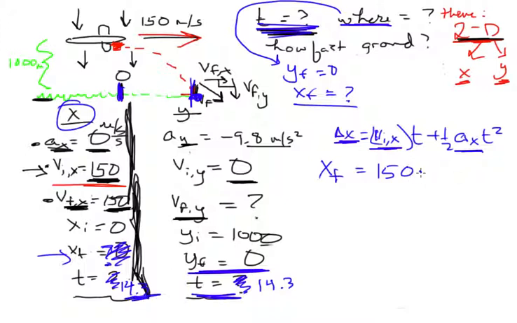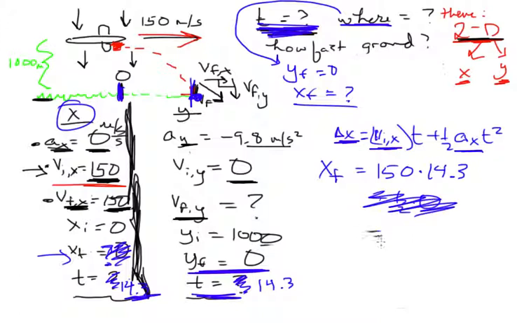How convenient. You'll notice physics problems often build on each other. You figure out the first variable, and then you can use that time in the second part. Just a good thing to note as a test-taking strategy. So plus 1/2, and then acceleration is just 0 in the x, so this is all just 0.